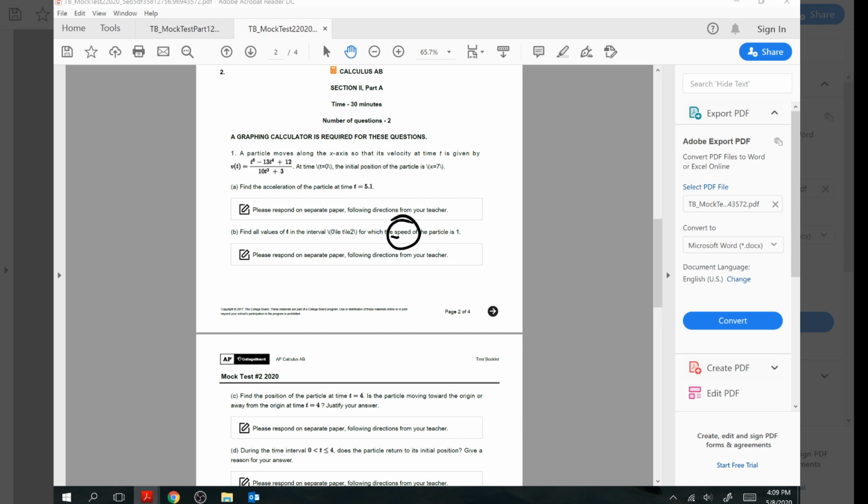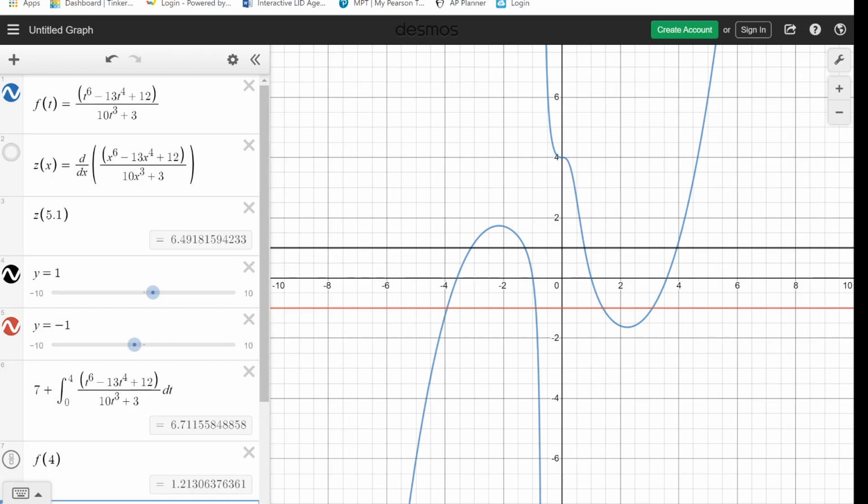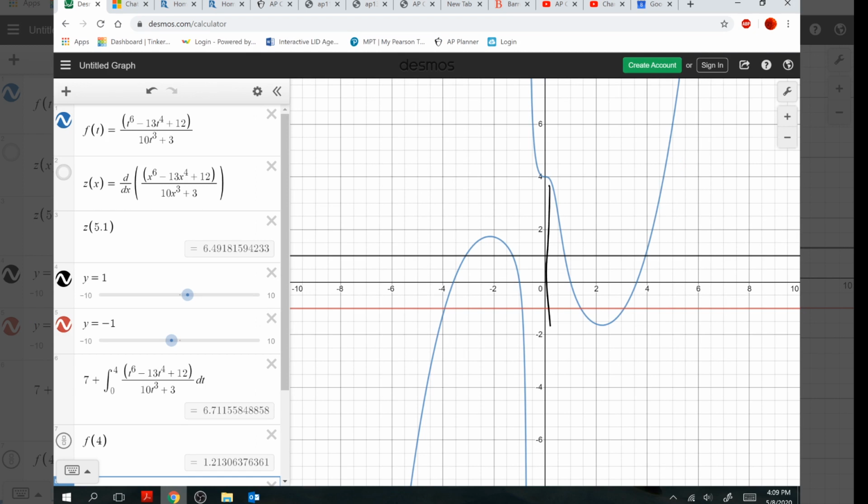But because it's speed, I want where velocity is 1 and where velocity is -1. Both of those spots. So if I go back to my Desmos here, I graphed y equals 1 and y equals -1. The graph that's graphed here is my velocity. And I can see between 0 and 2, between here and here, I go through this one here, which most people got.